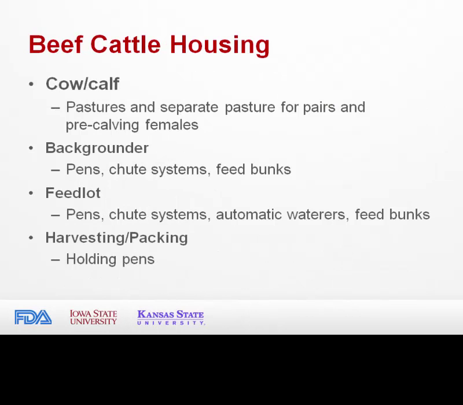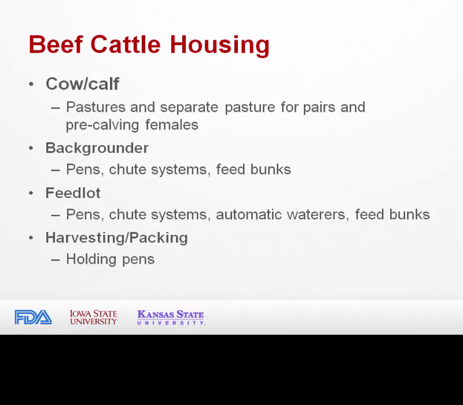The various stages of beef cattle production will have different types of housing that will provide optimal welfare for the animals. A cow-calf operation will likely have pasture ground that will house the cow-calf pairs for calving and separate pastures for heifers and cows ready to calve. Then calves may be sent to a backgrounding facility where they are put into groups in facilities as those in a feedlot.